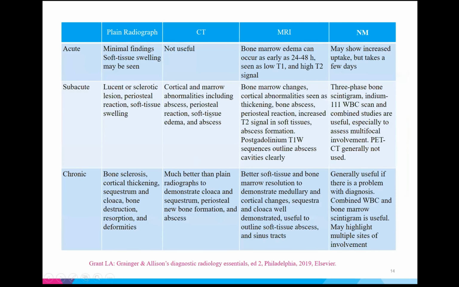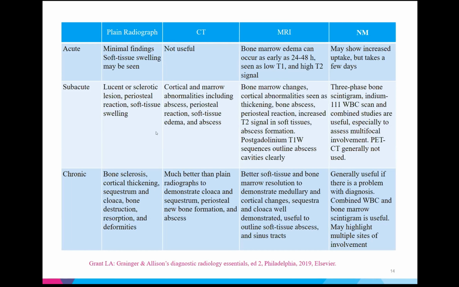This is a good guide, or a grid to look at, that if it's an acute osteomyelitis, really the bone marrow, the MRI is probably the best, because of course plain X-ray will not really be helpful, and CT, while nuclear medicine scans will show the increased uptake, but you could also see that with inflammation, right?